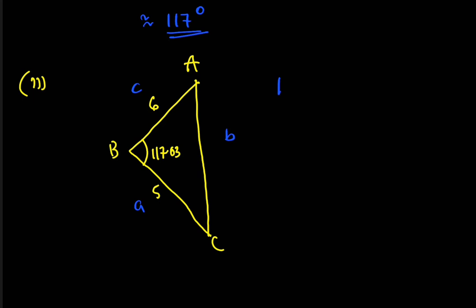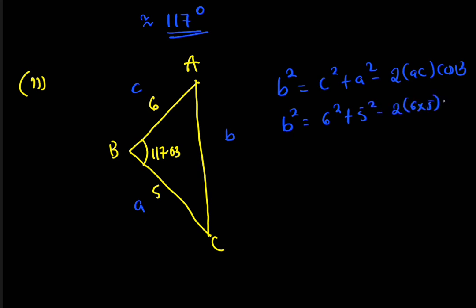So we can now see that actually b squared is equals to c squared plus a squared minus 2ac, then we have cos b, and of course we have our cos b already. So therefore we are going to have b squared, which is actually AC, is equals to 6 squared plus 5 squared minus 2 into 6 times 5, then cos 117.03.